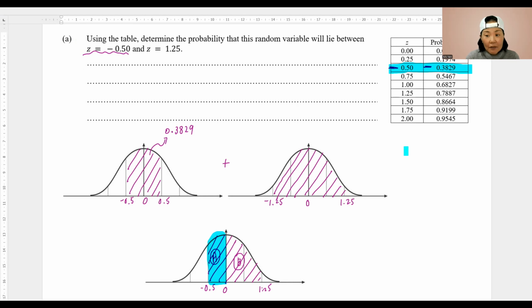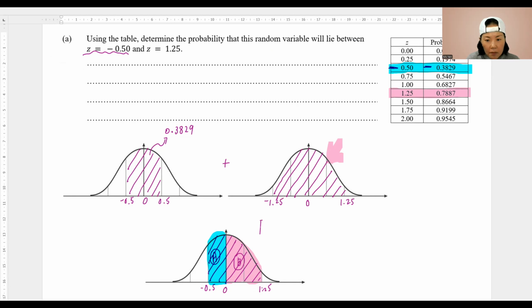Okay, so I have to halve that. And this part is the half of 1.25. So this z-score and the probability is actually the full area, but it's only half of it.